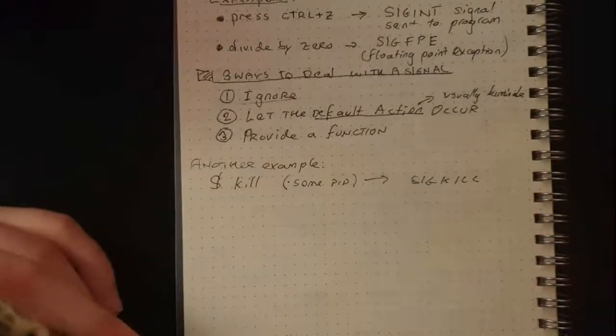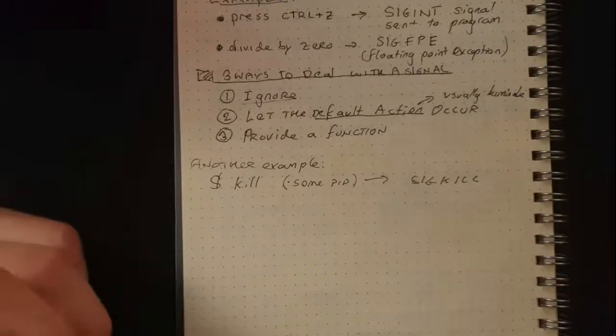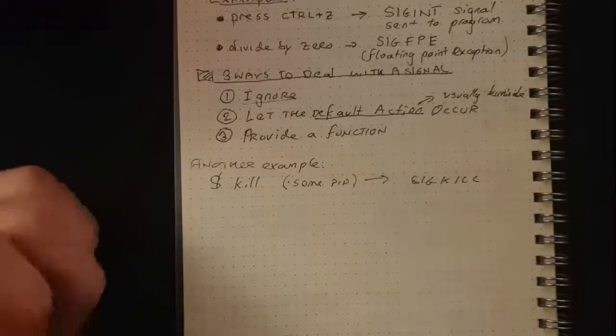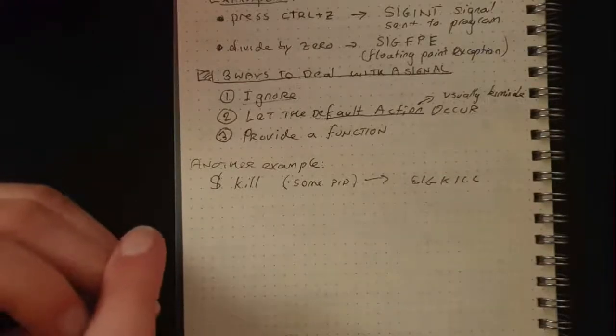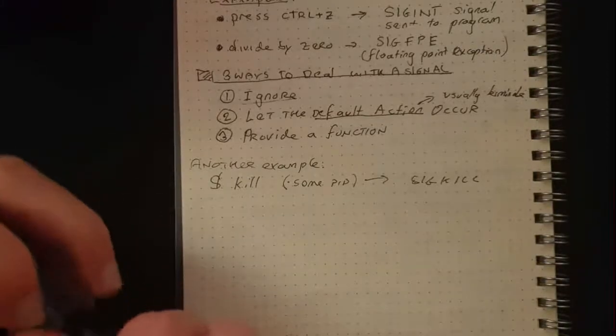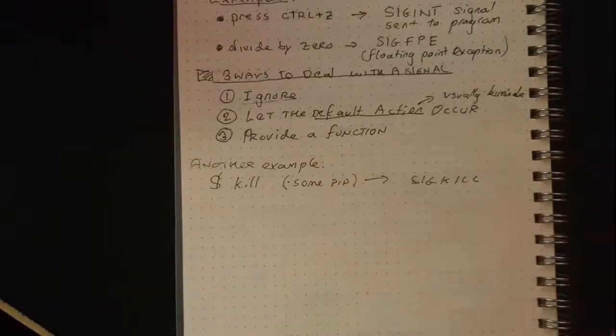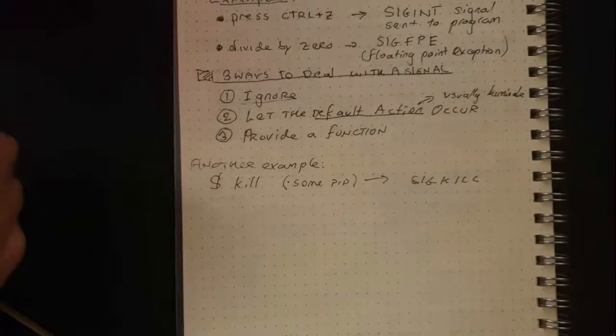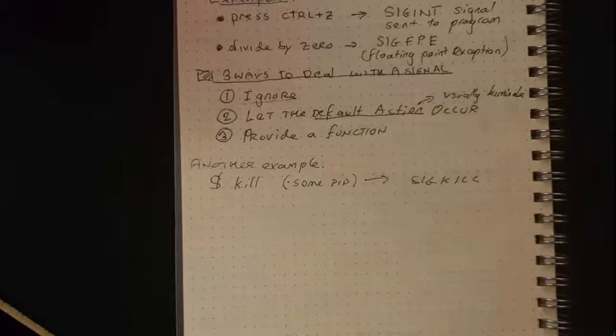Now we'll continue on to the example. Okay, so we go back to the example we had of the basic shell that we had written before, and what we basically do is we add some conditions for SIGINTs.